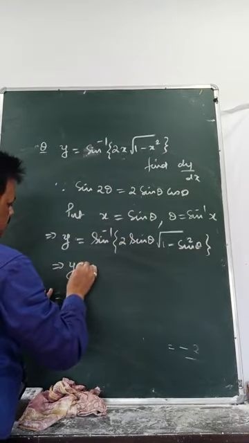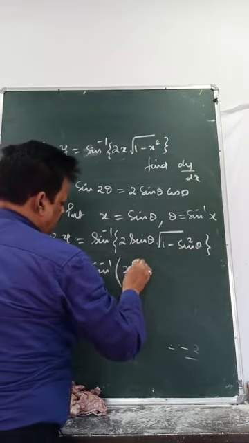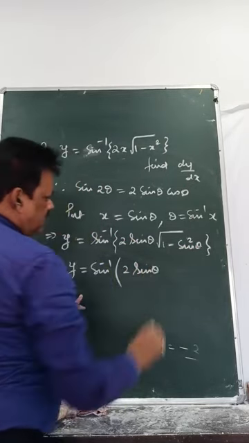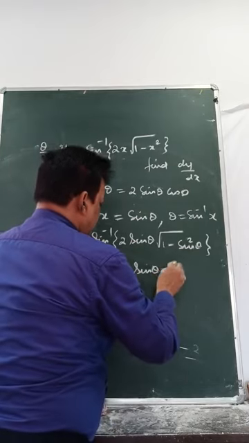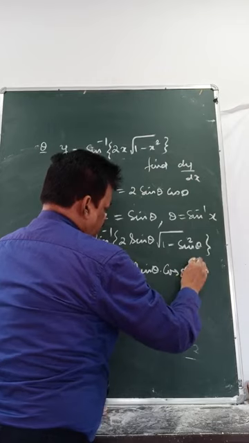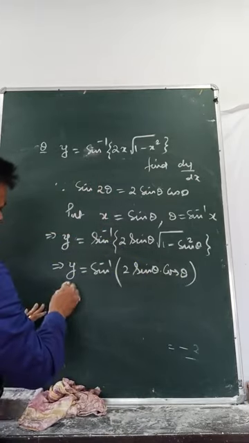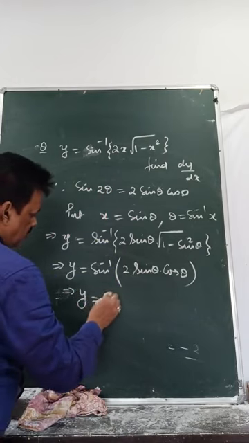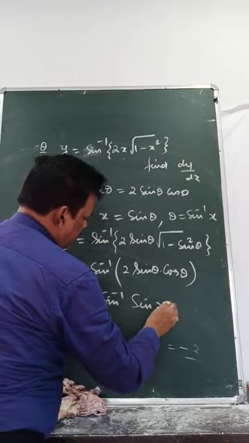Implies y equals sin inverse 2 sin theta, where root over 1 minus sin square theta is cos theta. So 2 sin theta cos theta, now y equals sin inverse sin 2 theta.